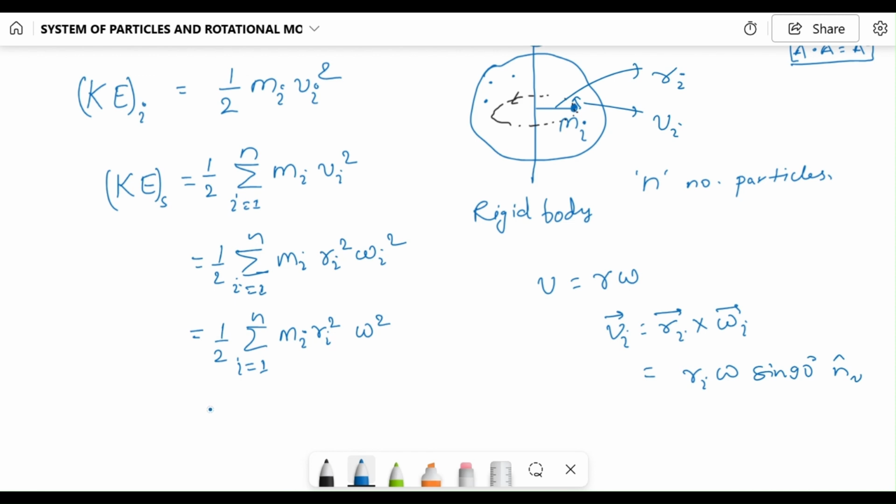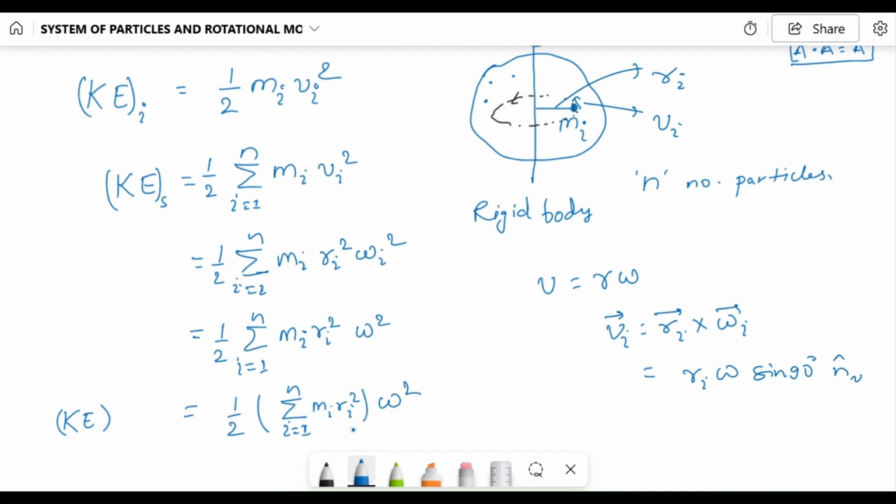In that case, we will have the kinetic energy of this system equal to 1 by 2, sum of m_i r_i square, and then omega square.